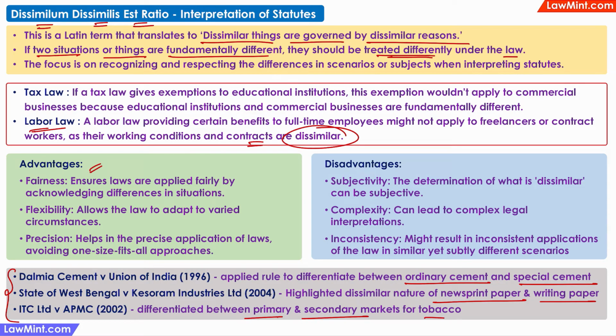The advantages with this rule are fairness, because the law is taking into consideration different situations or circumstances, and also flexibility. The disadvantages are subjectivity, because it is left to the discretion of the judge as to what is similar and what are dissimilar. This can lead to inconsistency in the application of the law.